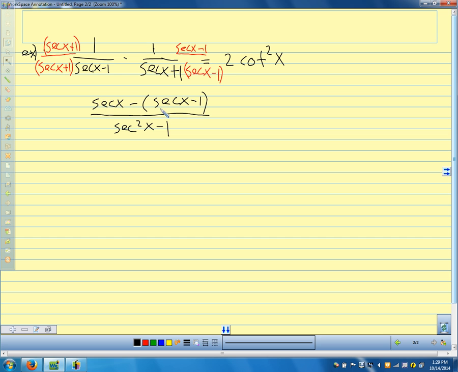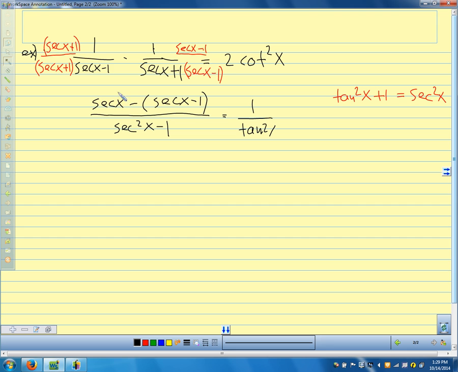I have a secant x minus secant x and a minus minus 1. So I get 1 over secant squared x minus 1. Tangent squared x plus 1 equals secant squared x, so secant squared x minus 1 is tangent squared.